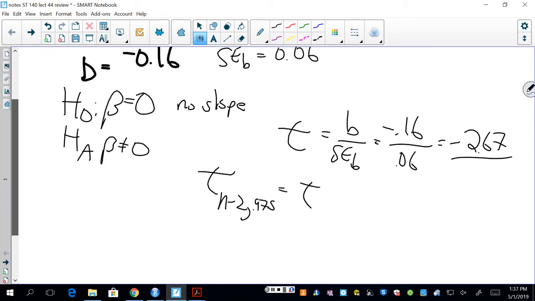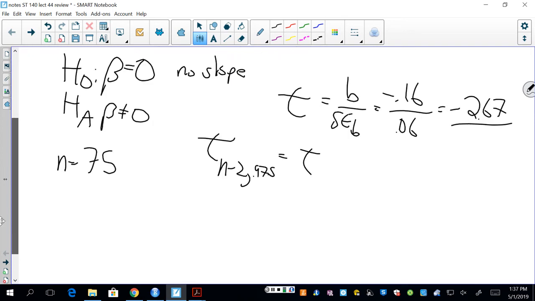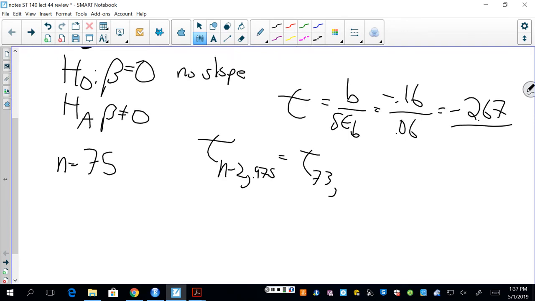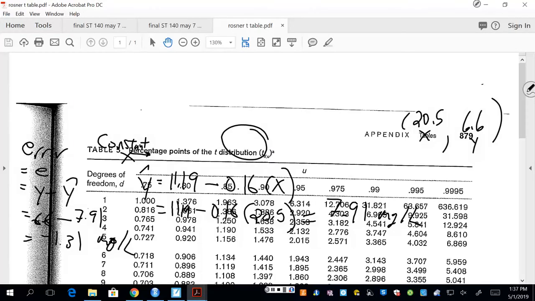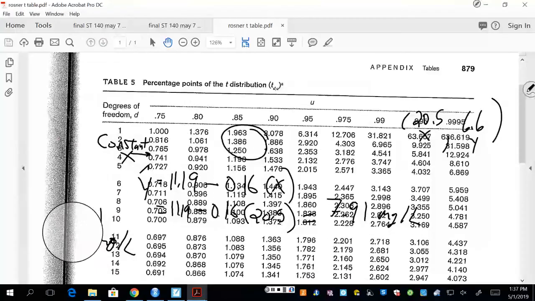So the book says there were 75 streams, so n in this case is 75 days in the data set. And so with 73 degrees of freedom, there's 0.975. If we look at Rosner's t-table, this one, if I can get it to go. Okay, let me get rid of that stuff.